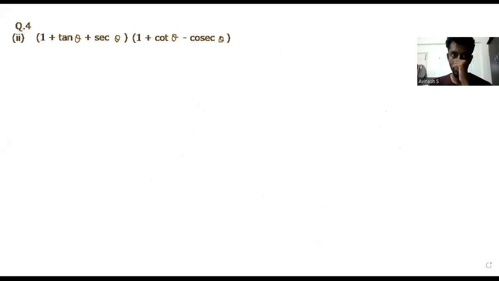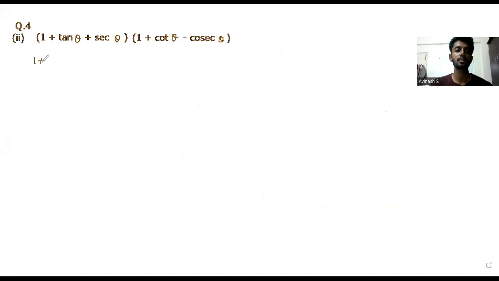Let's see how to do question number 4, second subdivision. So this is the question: 1 plus tan theta plus sec theta into 1 plus cot theta minus cosec theta. Whenever we are given a question of this type, wherein it's a long thing and we don't know how to proceed, the main hint is to start off with converting all the trigonometric ratios in terms of sine and cos. So how do we do that?